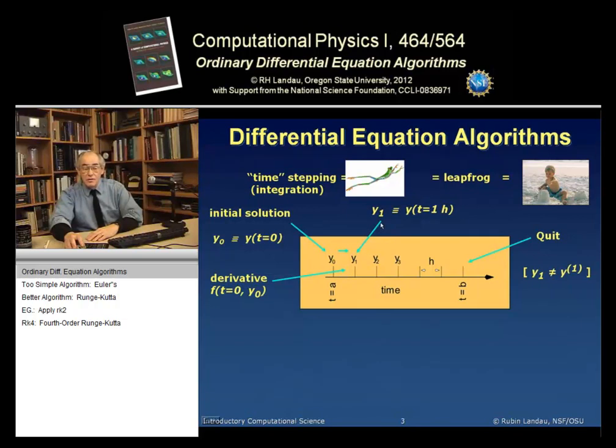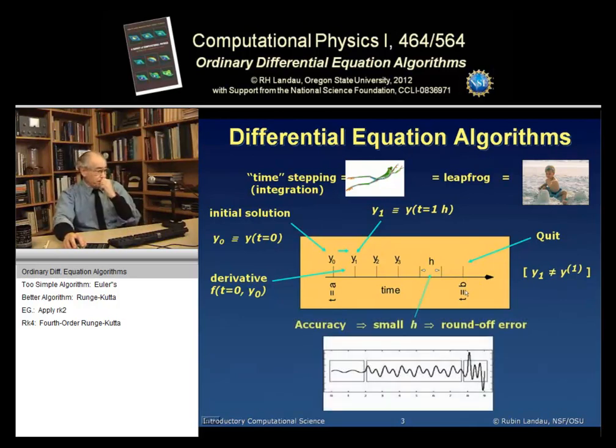Then what do we do? But then we stop thinking. Then we just say, well, if it was good enough to get me from 0 to 1, it better be good enough to get me from 1 to 2. And then I just use the values I had at time 1 as new initial conditions, and I move ahead. And that's how it works. And I just keep stepping ahead, and I just quit when I'm done. I'll quit when I end up with a final velocity that I want.